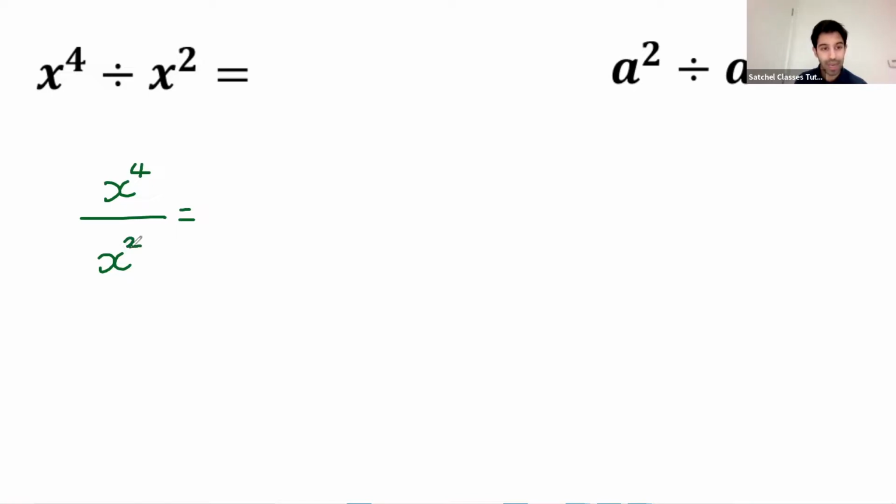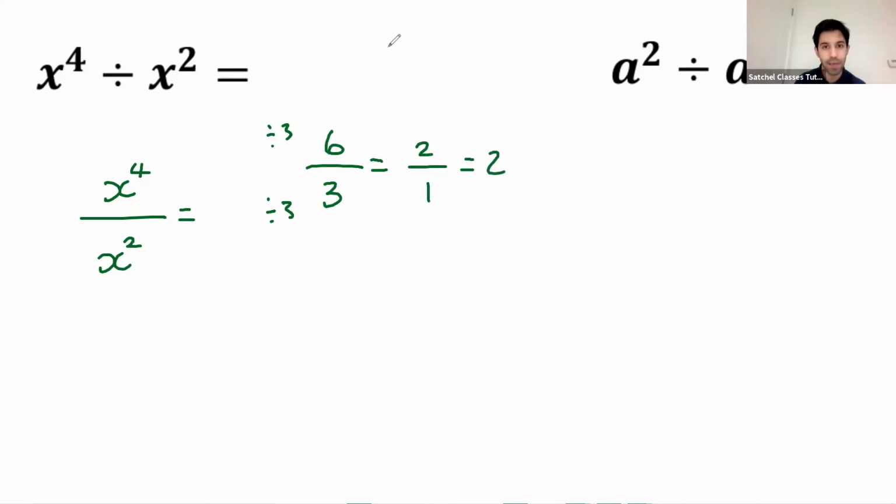X squared goes into x squared, and x squared also goes into x to the power of 4. Similar to if we had normal numbers like 6 over 3, for instance, where we could simplify this by dividing both terms by 3, as 3 goes into both of them. 3 is the highest common factor of 6 and 3. So what we'll end up with is 2 over 1, which is simply 2.